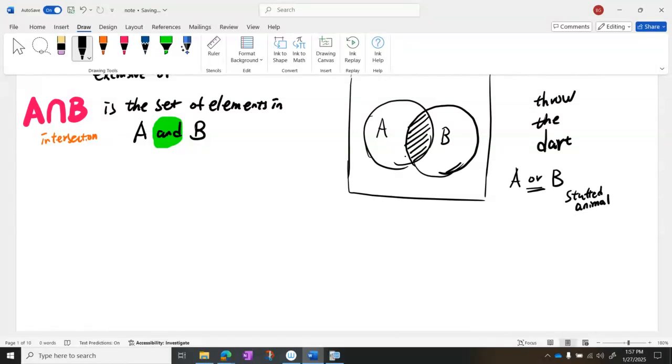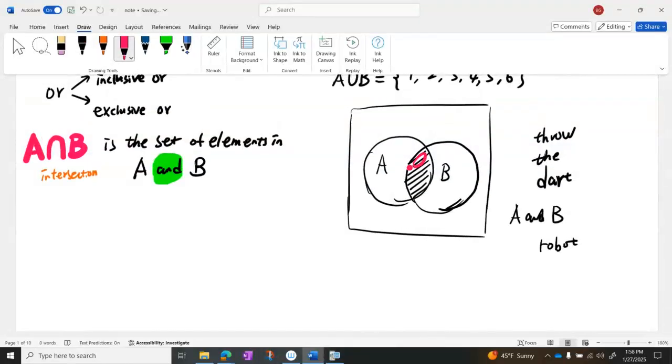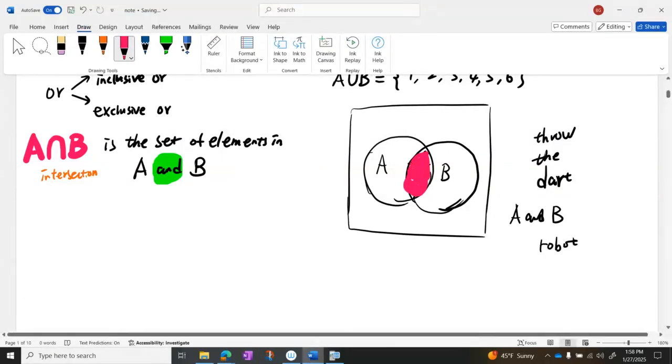All right. So which region do you think the kid should aim at? This time is more challenging, right? Do you agree it's more challenging to get a robot, not a stuffed animal? If he throws the dart and it hits the region A and B, he gets a robot. So the little kid should aim at this region, that is A and B, the overlapping region, the common part of the two sets.